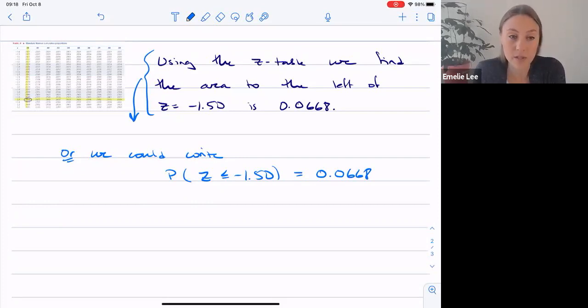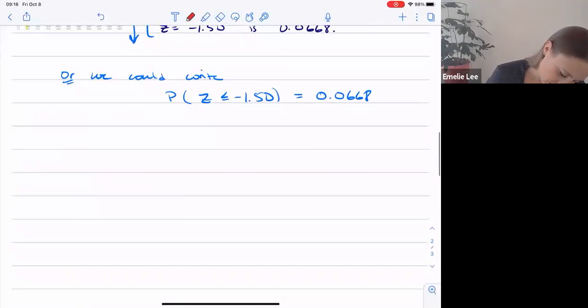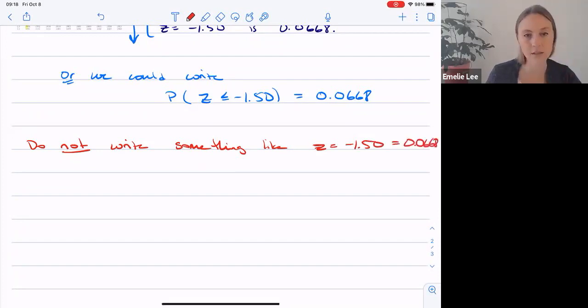Something I will take marks off for is if you try to tell me that negative 1.5 equals 0.0668. And I see that a lot and I understand what you mean, but that's not true, right? So you want to be really careful. Do not write something like Z equal to negative 1.50 equals 0.0668.